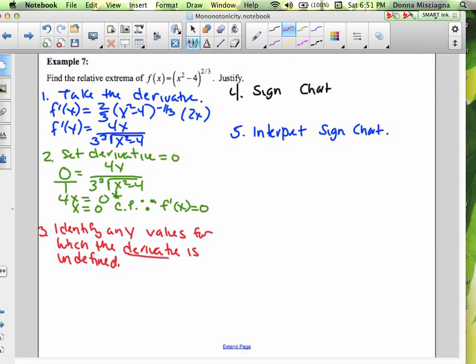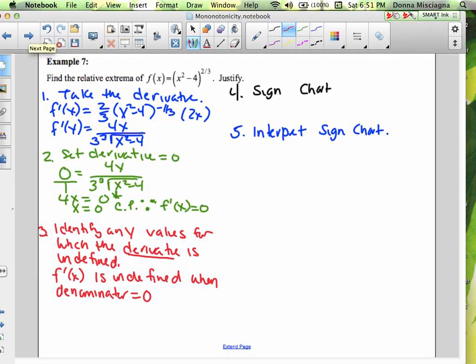Our derivative is undefined. Right? So f prime of x is undefined when the denominator equals 0. Right?